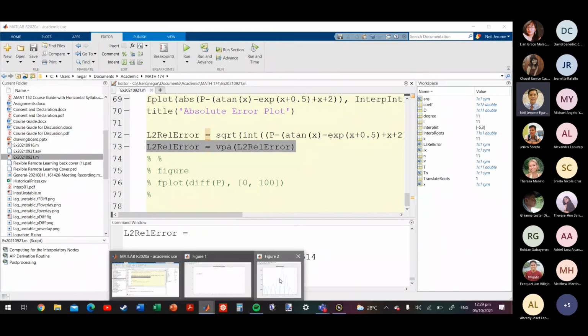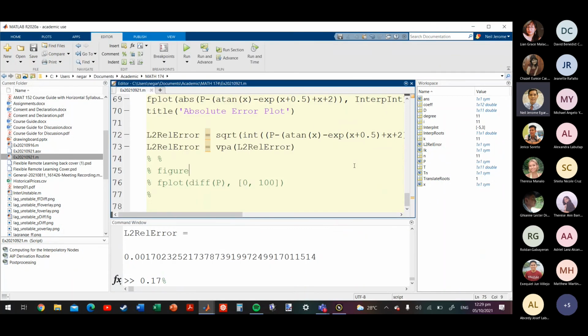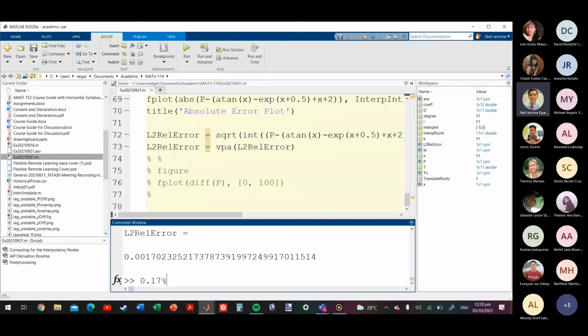I don't know with respect to what is that absolute error, right? So instead of saying that the maximum error is 0.025, it might be better to say that the L2 relative error is 0.17%. That means over the interval -5 to 5, the cumulative error is about 0.17%, which is very small, right?